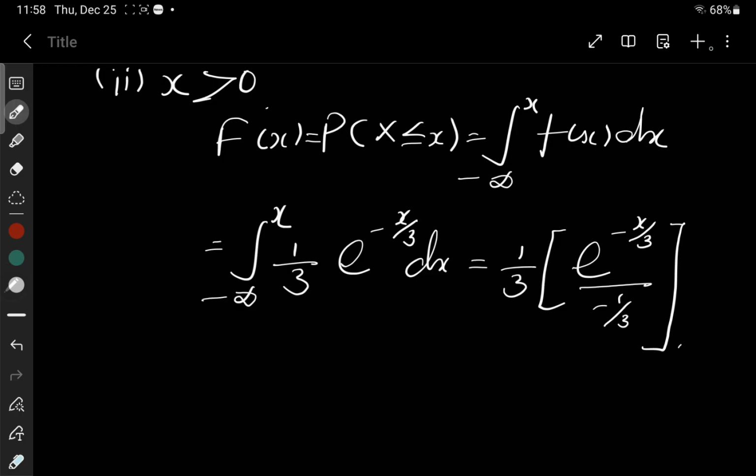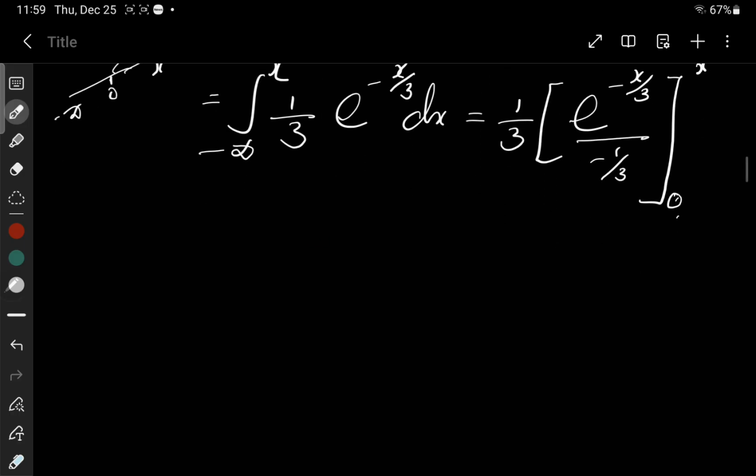Here minus infinity to x, but the value starts from 0 onwards only. So the value starts from 0 to x. Here I apply 1 by 3 into minus 3 by 1.